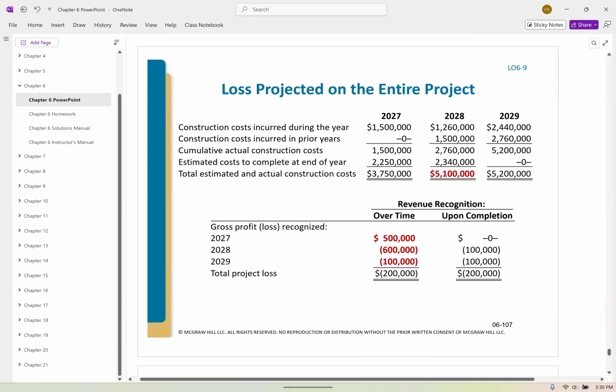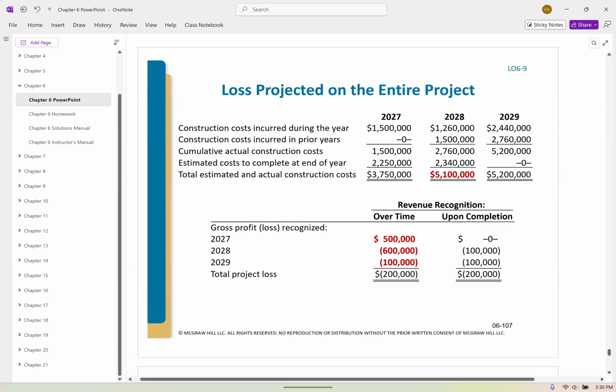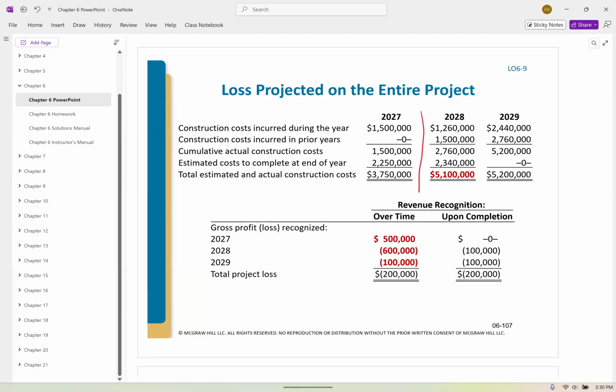All right. So right here, it's almost the same, but almost the same. Everything was the same for 2027, but boom, here in 2028, we realize that we are not going to make a profit on this. Okay, we're still contractually obligated to perform the contract, but we're going to lose money on it now.